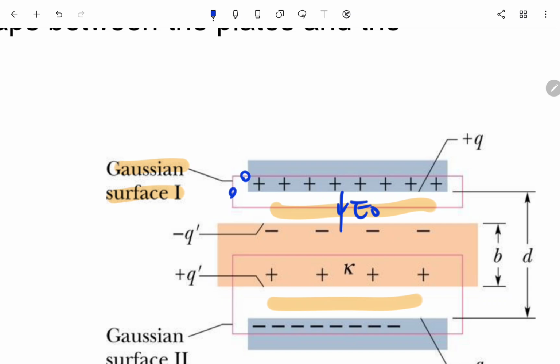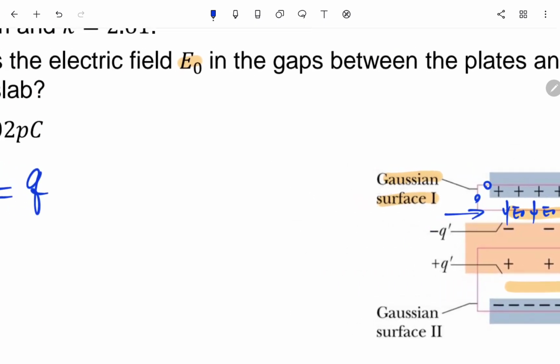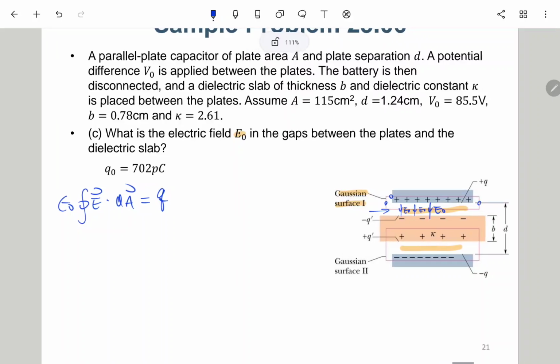These two sides are 0 too. We only have E0 inside the capacitor, so only this side counts, and it will be epsilon naught times E0 times A, because E0 is uniform at that region.